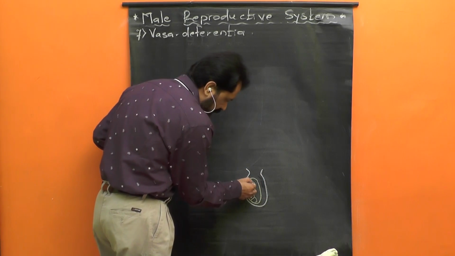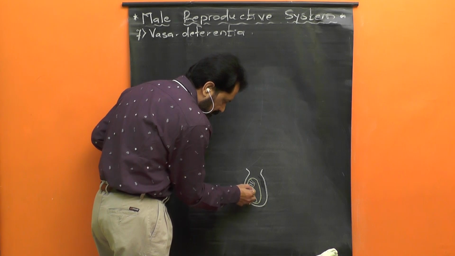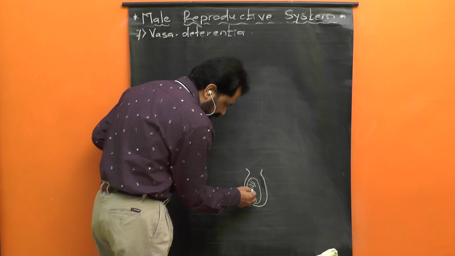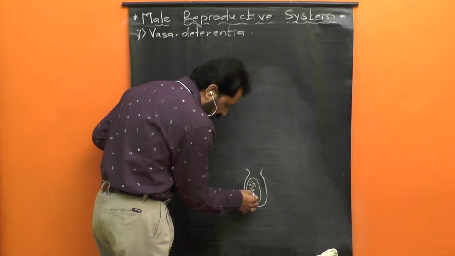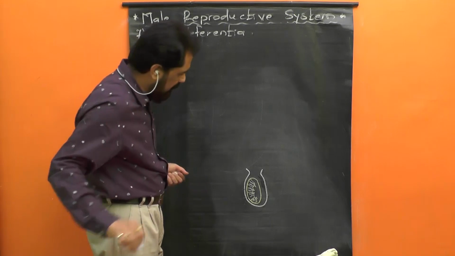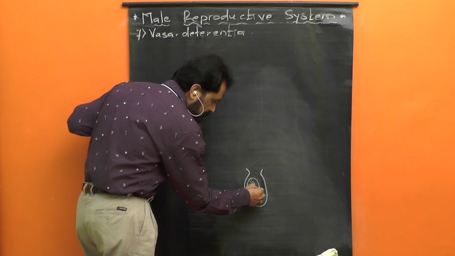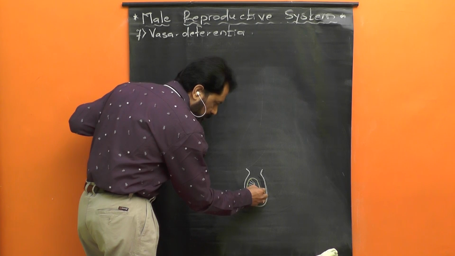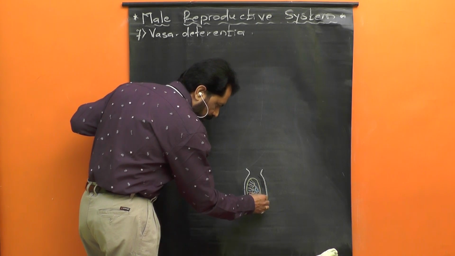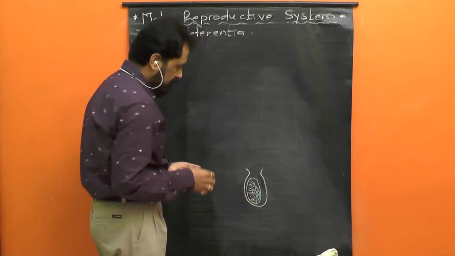These are supposed to be the seminiferous tubules. Seminiferous tubules join together to form Tubuli Recti. Tubuli Recti open into a network of wide and irregular tubules known as Rete Testis.